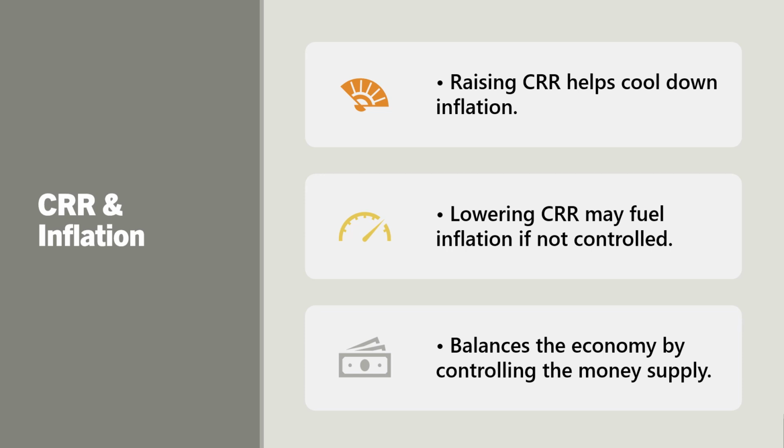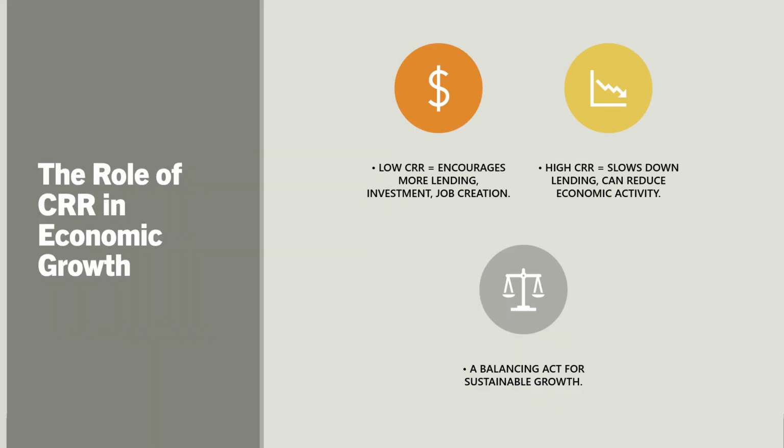It's also essential to understand how CRR affects economic growth. During periods of low CRR, banks are more likely to lend, which encourages investment in businesses, job creation, and overall economic expansion. However, too much lending without proper regulation can create financial bubbles and lead to economic instability. CRR and other banking regulations help balance the needs of the economy.